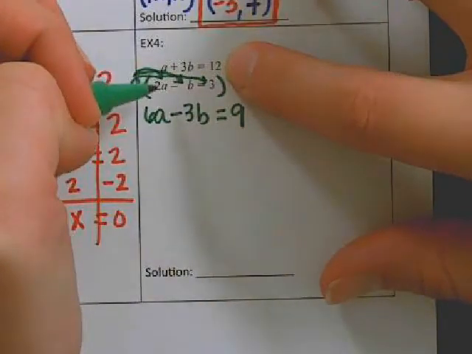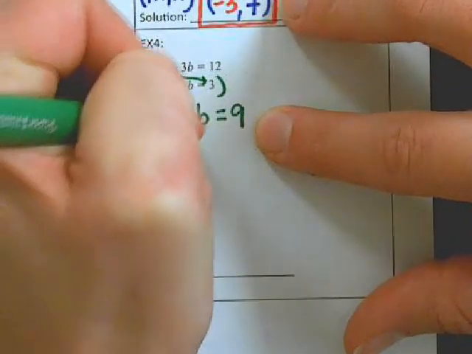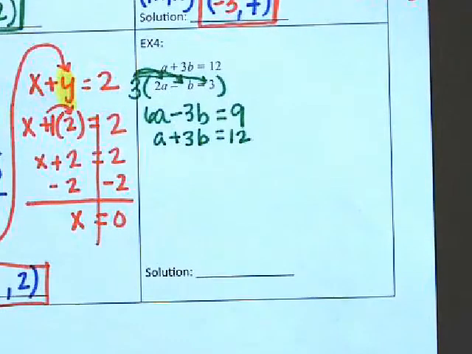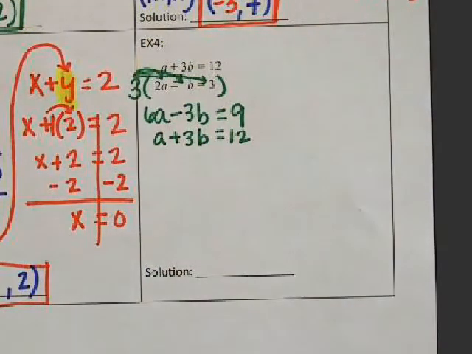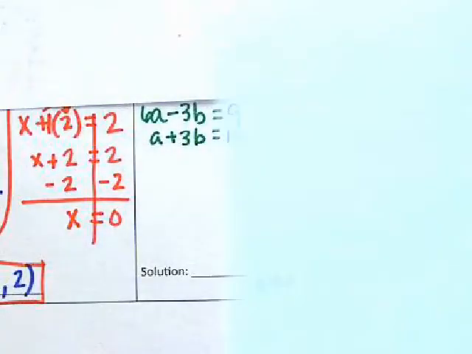I just want to rewrite it again so that they're side by side in the same color, right on top of each other. So when I combine like terms, I'm not mixing any other numbers in there, okay? And I like to cover up what I'm not using anymore because there's a lot of numbers on this page. I like to cover it up so I don't get confused, okay?